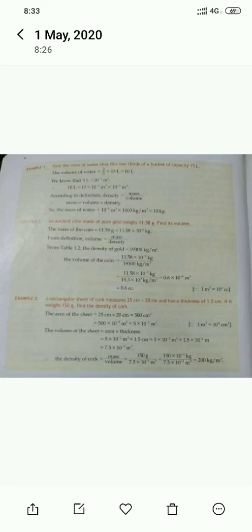So area is given 25 into 20. So they have calculated it and converted into meter square. Why have we converted into meter square? Because we want to find the density in kg per meter cube. So then volume, you will multiply that area with thickness, and you will get the volume.